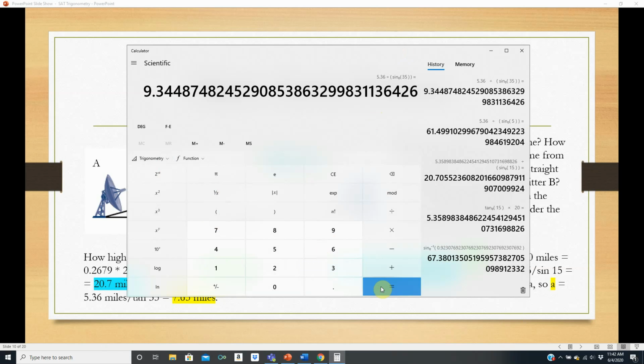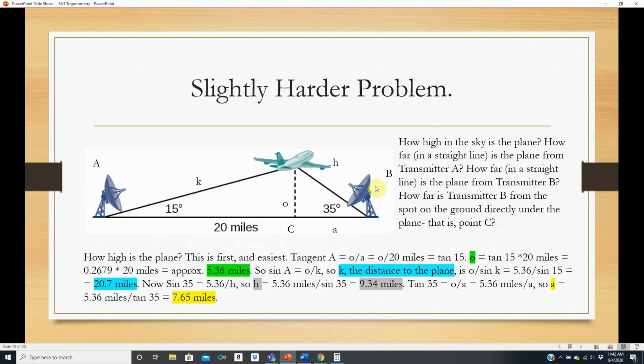So, whatever mistake I made there, you always want to make sure that it's a reasonable answer. And really it would not be a reasonable answer for it to be what I got before. So it's 9.34 miles.